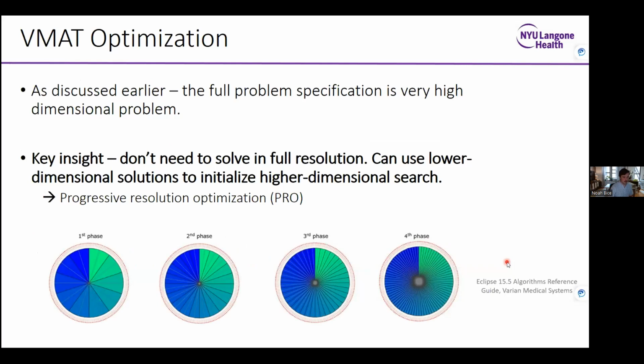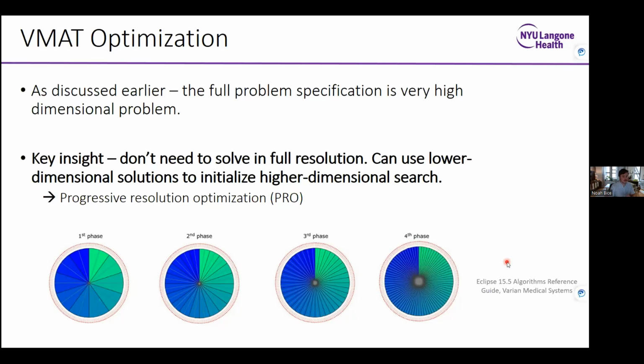As we've been talking about, the full VMAT problem specification is a very high dimensional problem, but the key insight to being able to do global direct aperture optimization is that when we initially approach the problem, we don't need to do it in the full, super high dimensional resolution. We can use lower dimensional solutions to initialize a higher dimensional search. That's done, at least in Varian's case, with what they call progressive resolution optimization.